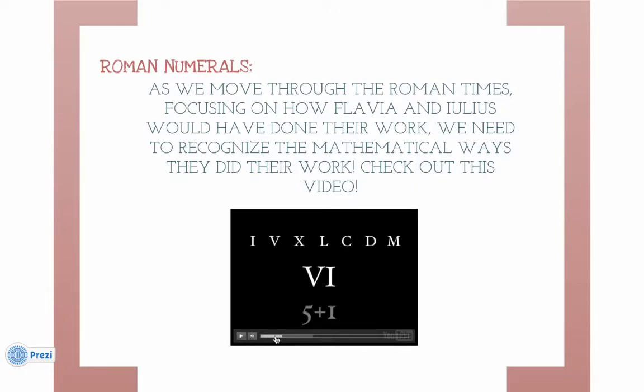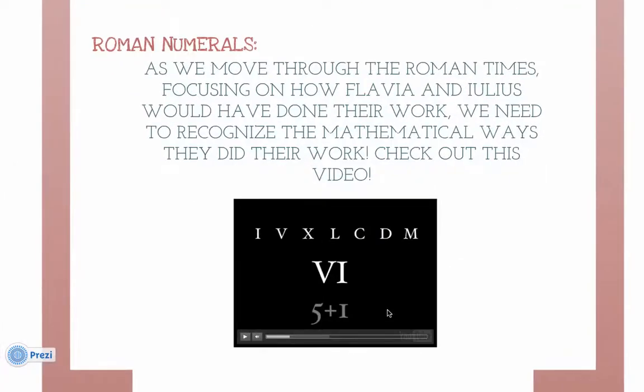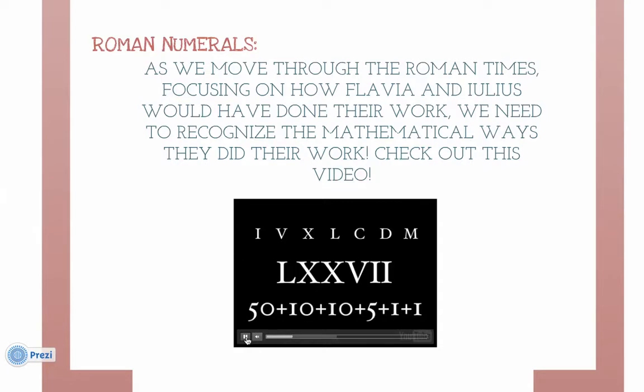VI is 5 plus 1, so 6. LXXVII is 50 plus 10 plus 10 plus 5 plus 1 plus 1, which is 77. Also, with Roman numerals, we always place the higher value numeral first, and then go down to the lowest one. So that's why L comes first, then the X, then the V, and then finally the I.